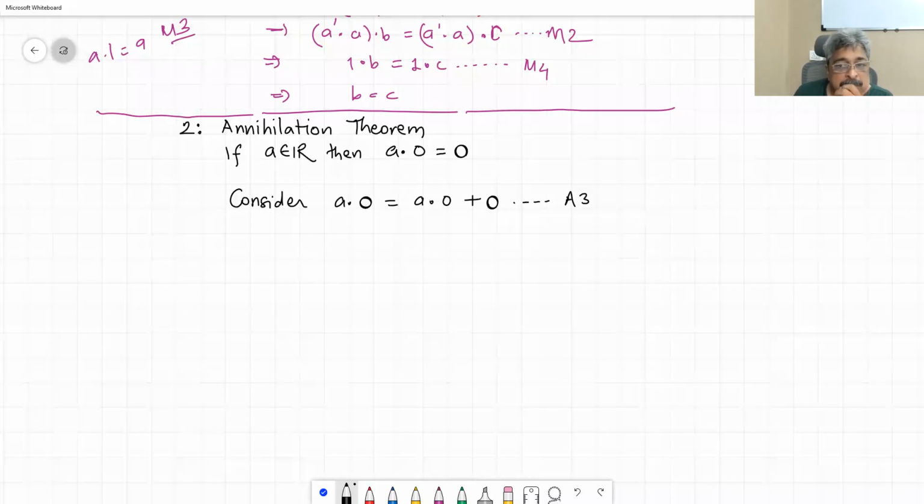Then you can write a into this 0 as 0 plus 0, since anything plus 0 is the same.